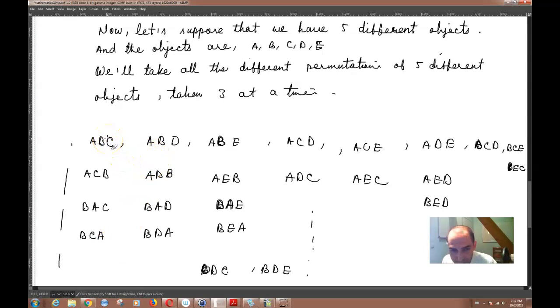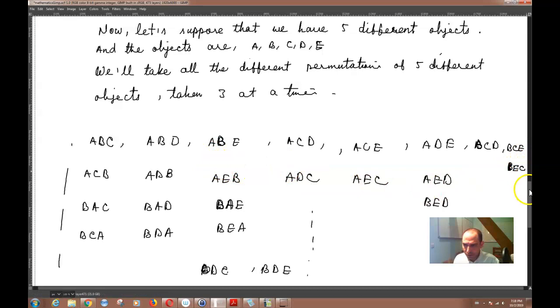So then what you can say, if you keep doing the same experiment over and over again, is that corresponding to each of these 5 combinations, there are 3 factorial permutations.